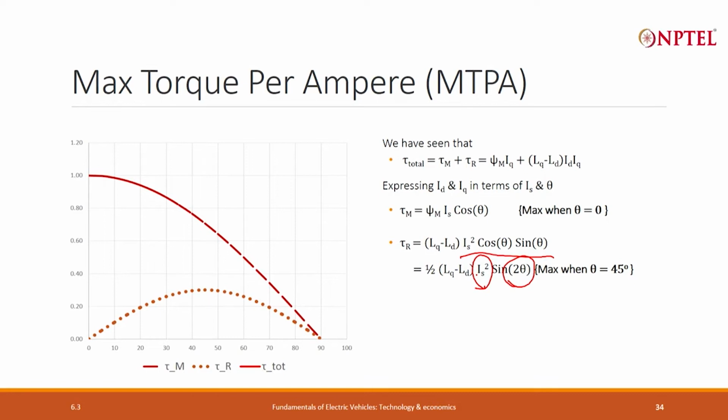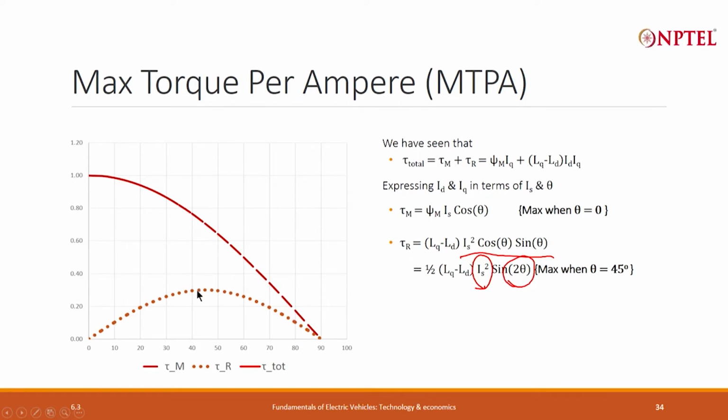If I try to maximize the magnetic torque, then I will have to be here, I will get no reluctance torque, and the sum of the two will be 0 plus this, it will be equal to 1.